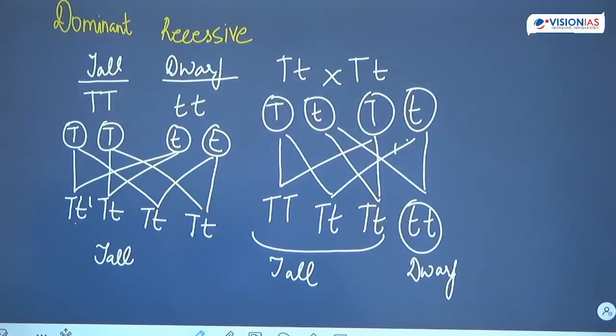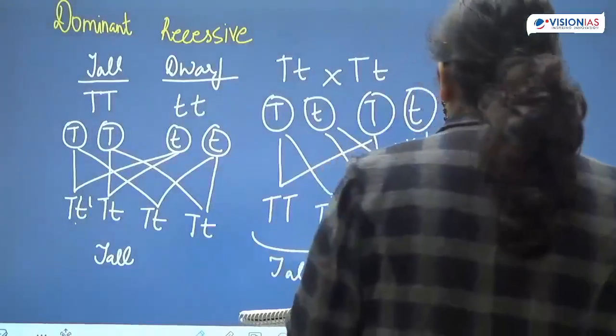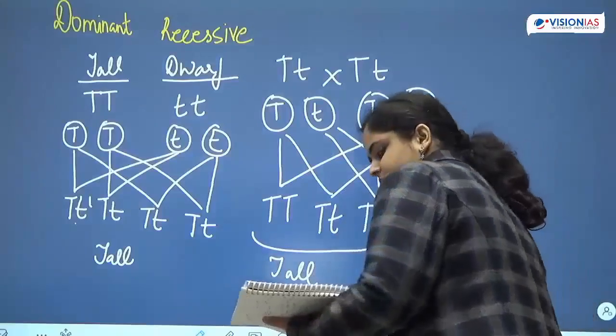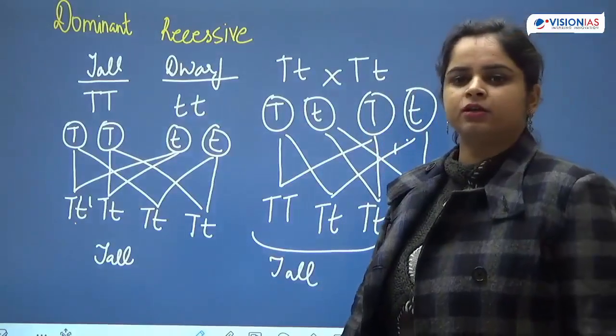Start with all the characters in an organism are manifested in two factors.